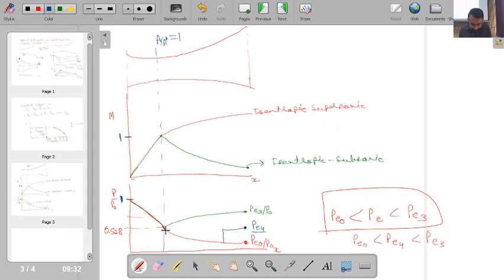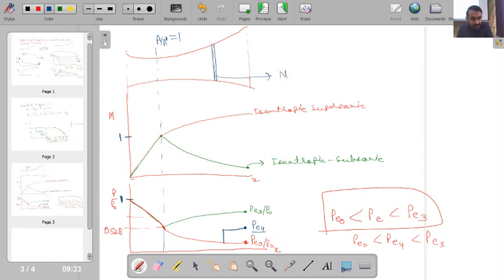So ultimately, if I am following a supersonic line, at some point there should be a jump of pressure which is able to maintain the pressure PE4 at the exit of the nozzle. Is this one clear? Such a jump of pressure is only possible if I have the presence of a shock wave. So ultimately, if I maintain any pressure in between PE3 and PE0 at the exit, I have the presence of a normal shock wave.